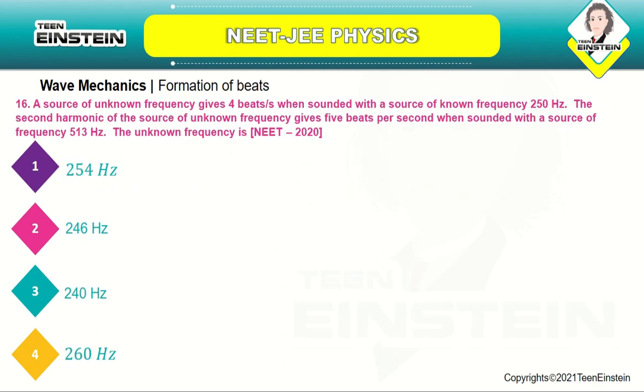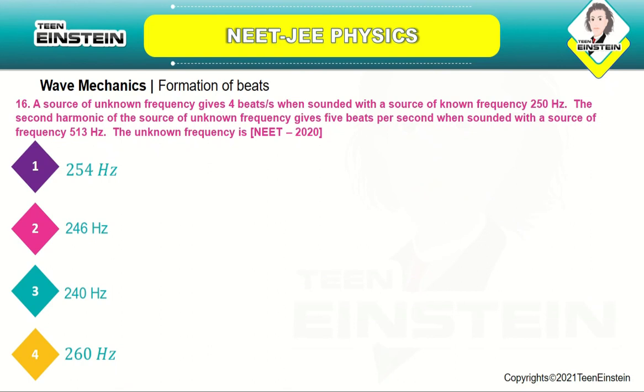A source of unknown frequency gives 4 beats per second when sounded with a source of known frequency 250 Hz. The second harmonic of the source of unknown frequency gives 5 beats per second when sounded with a source of frequency 513 Hz. The unknown frequency is?